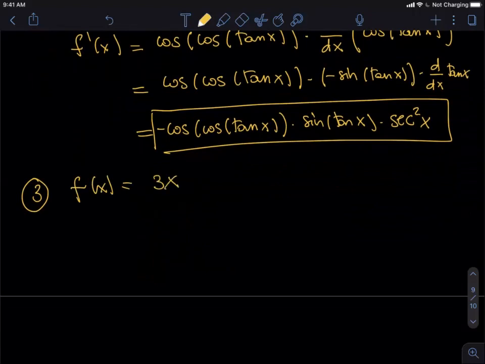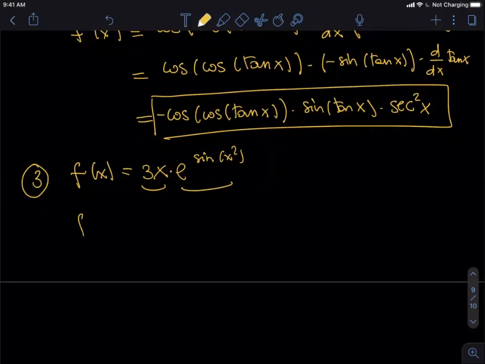So this is 3x exponential of sine of x squared. What do we have here? So this is a combination of everything together, right? Because we have a product rule clearly, we have the product of two things, but then the second factor is a composition of three functions, the exponential, the sine, and x squared.